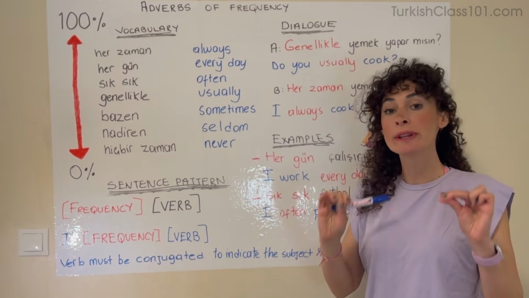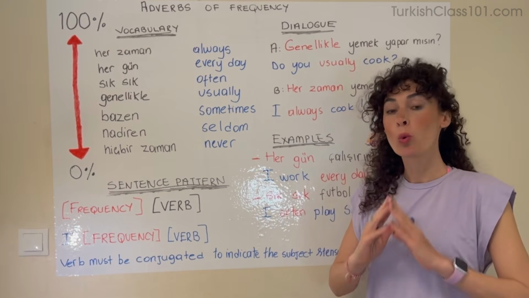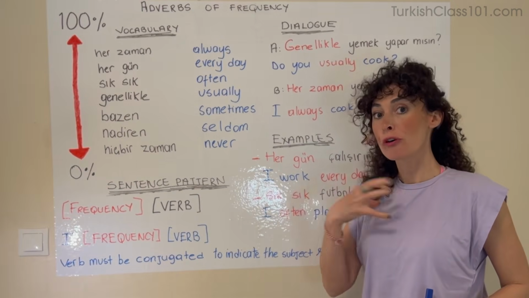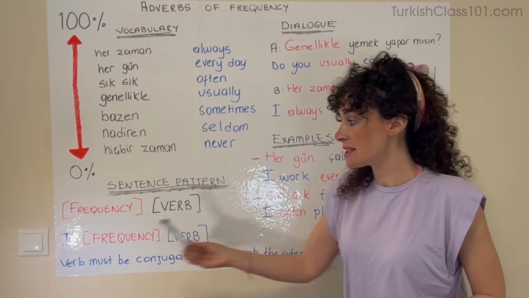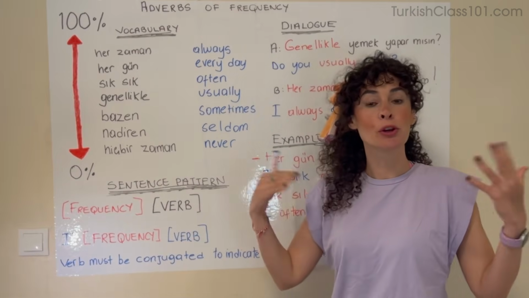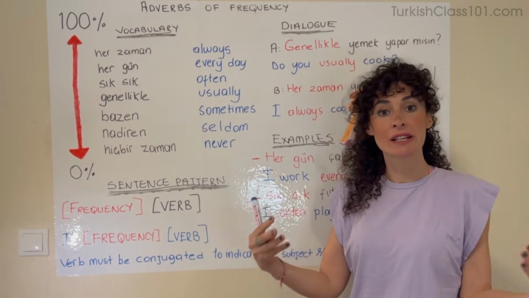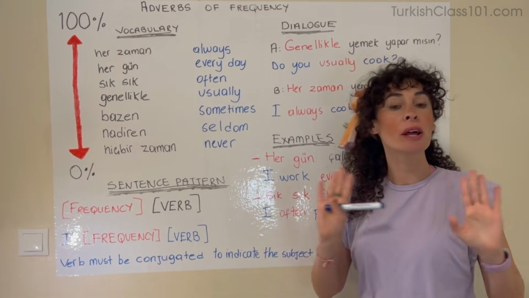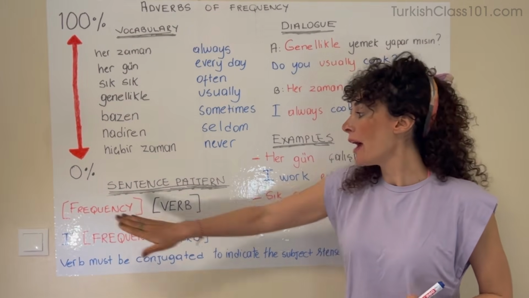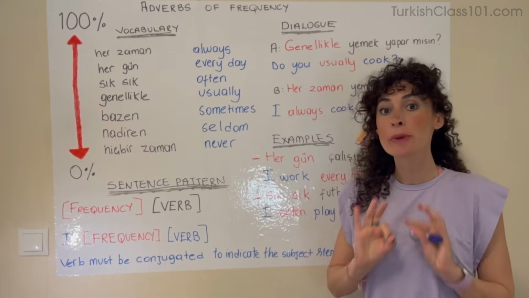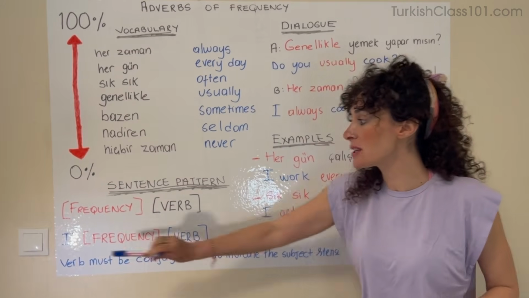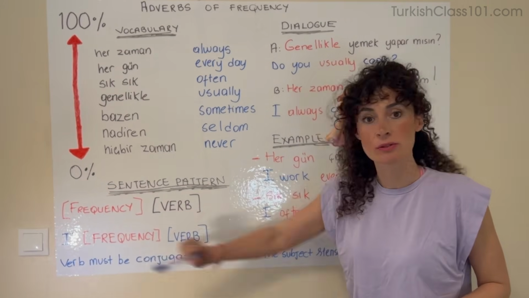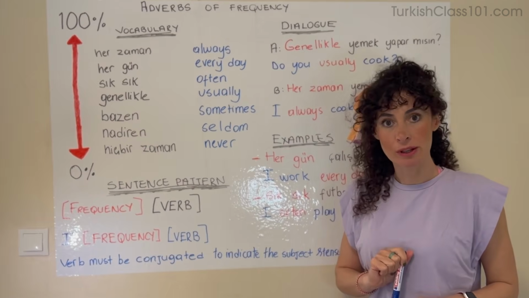So you don't need another word to use for a subject, as in English. I, you, he, she, it, we, you, they. You can use them, but you don't need to. So frequency plus verb is enough. In English it is I, frequency adverb, and the real verb.